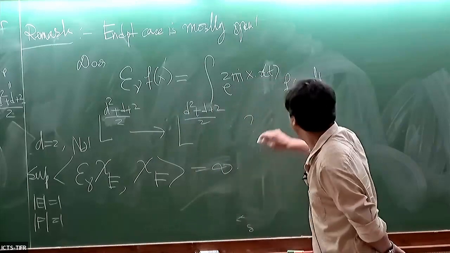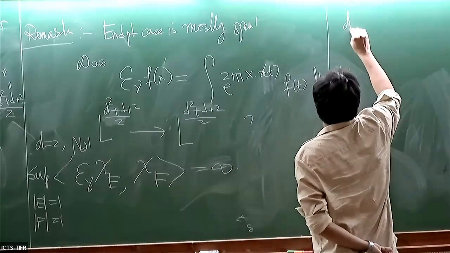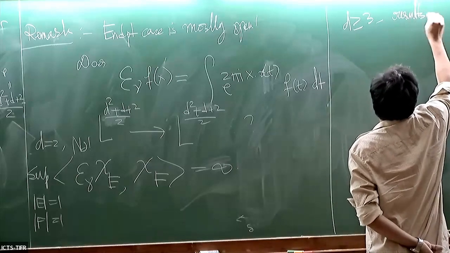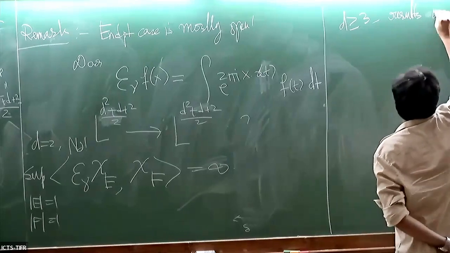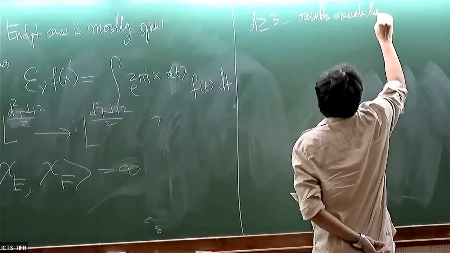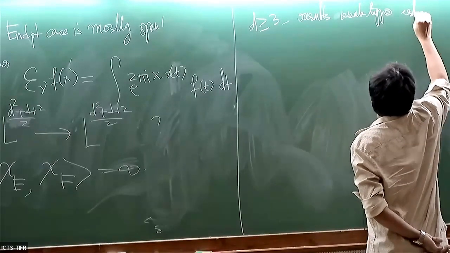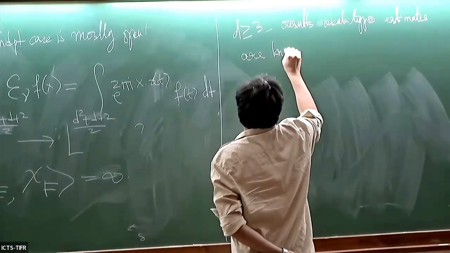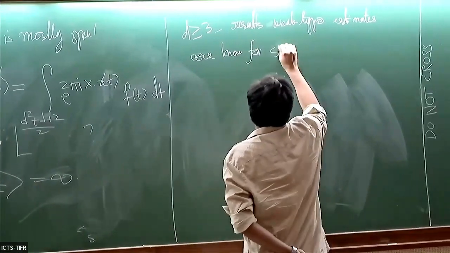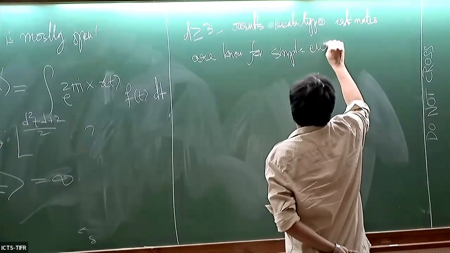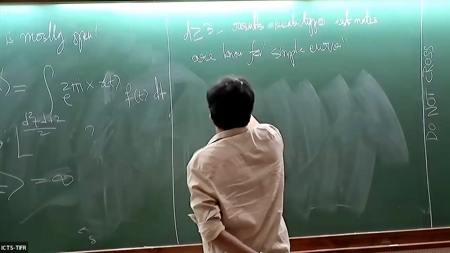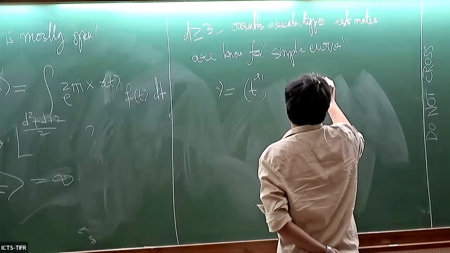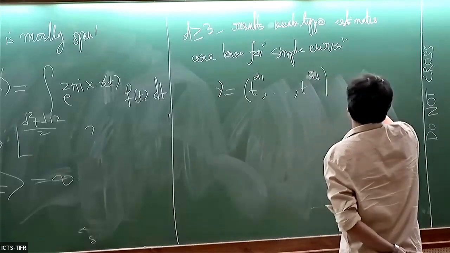But in dimension 3 and higher, surprisingly, non-trivial results are known at the endpoint. Weak type estimates are known for simple curves, meaning if gamma is of the form (t^a1, ..., t^ad), it doesn't have to be a polynomial now, where a1, ..., ad are just real numbers.